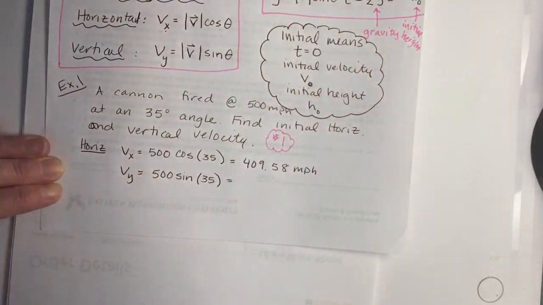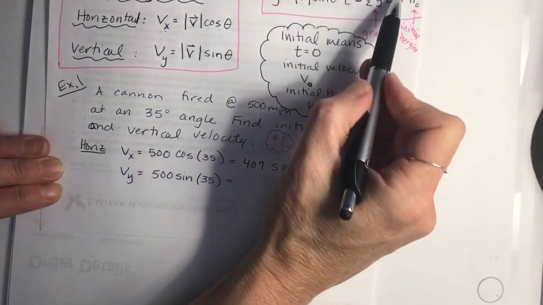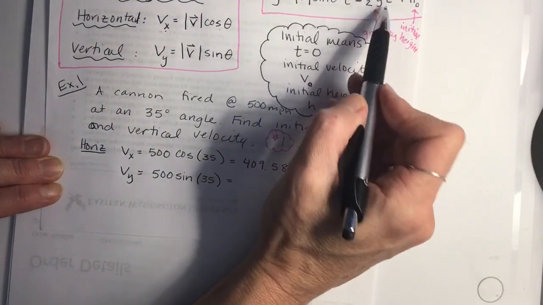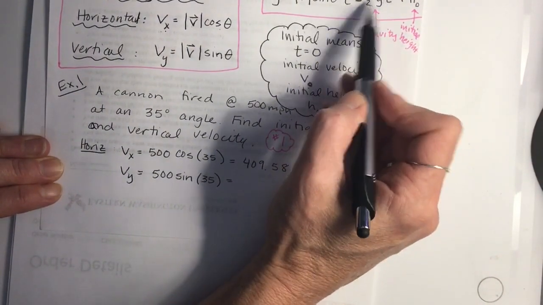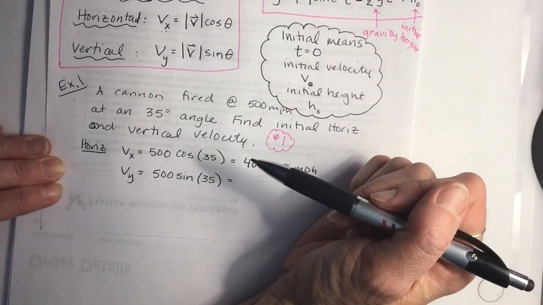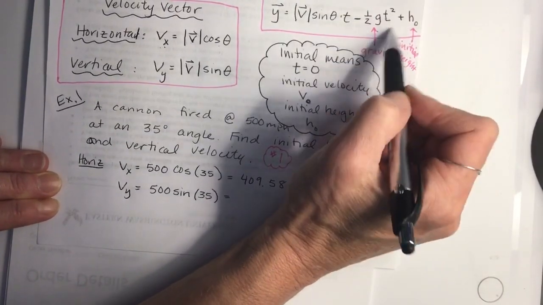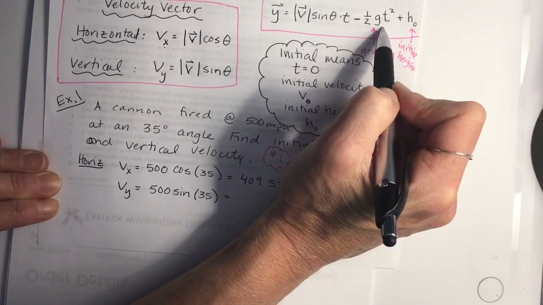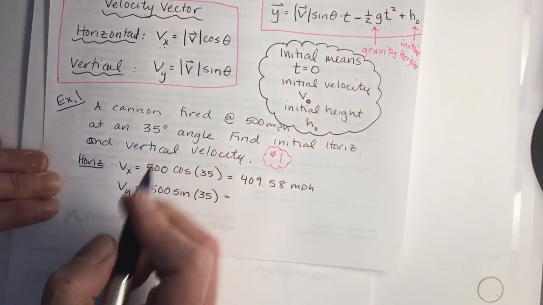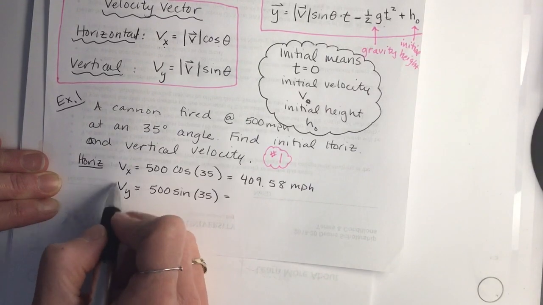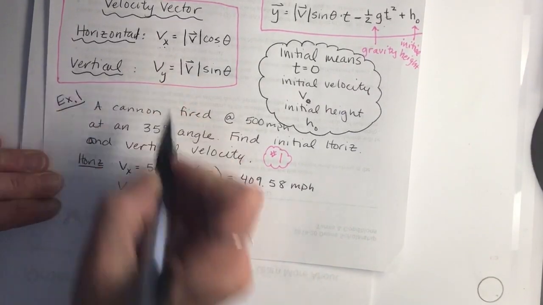And gravity doesn't start to work until we have a value for t. So initially t is 0, so that term goes away. So we're just solving for this velocity here.